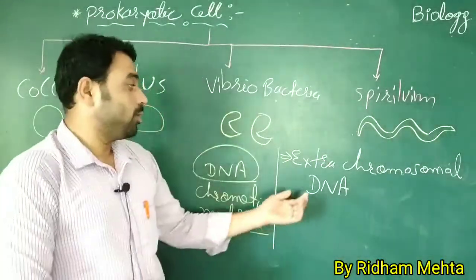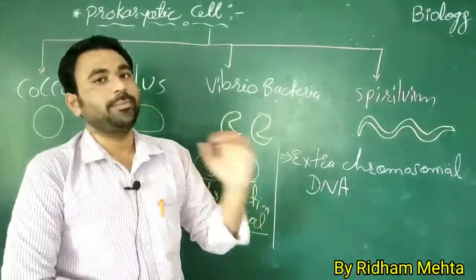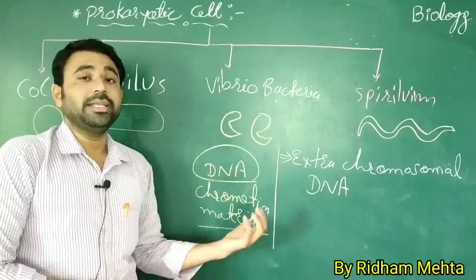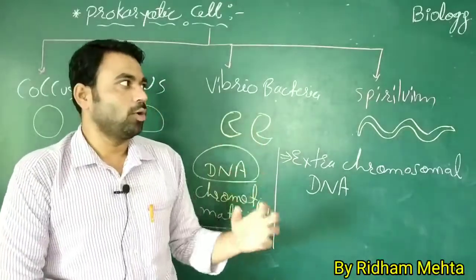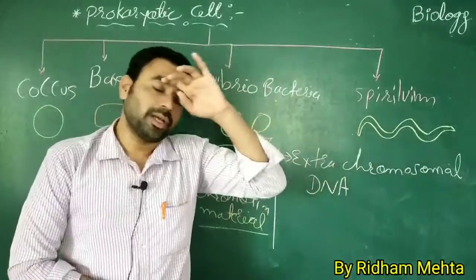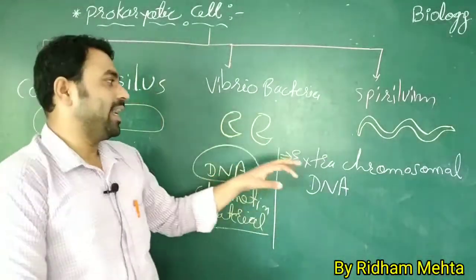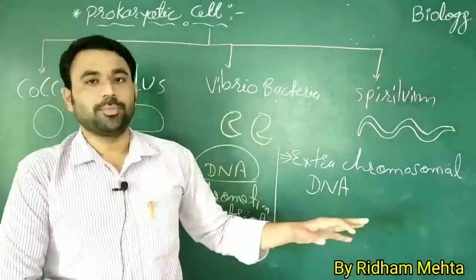But it does not take part in any metabolic process, it does not regulate any metabolic process. But the chromatin DNA does its functions, and it controls or regulates the mechanism of different biochemical processes which occur in the cytoplasm. The extra chromosomal DNA does not take part in any metabolic processes.